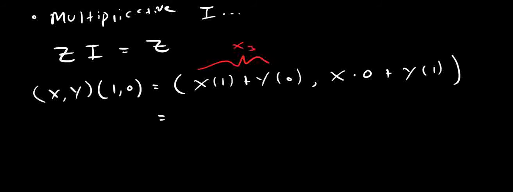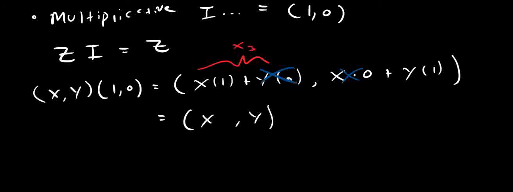So we can obviously see this term goes away, and this term goes away. And we're going to be left with x comma y. So we indeed see that our multiplicative identity is just the real number 1 again. Okay? Useful things to know.